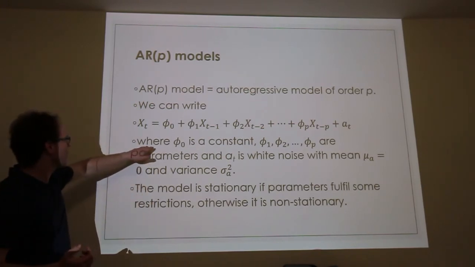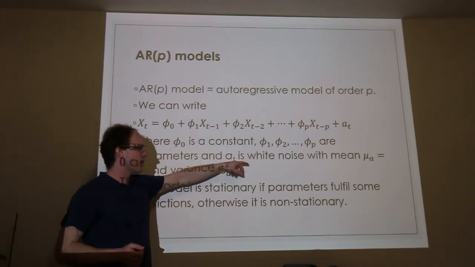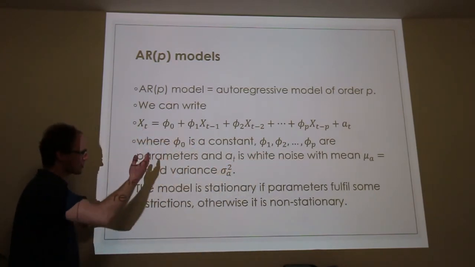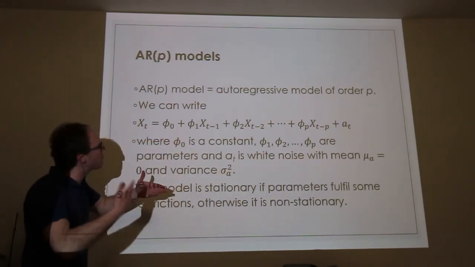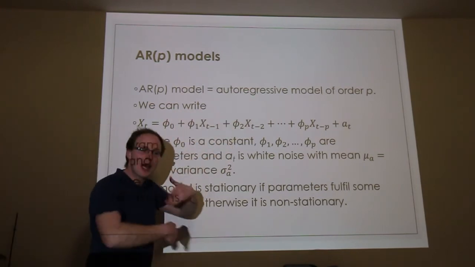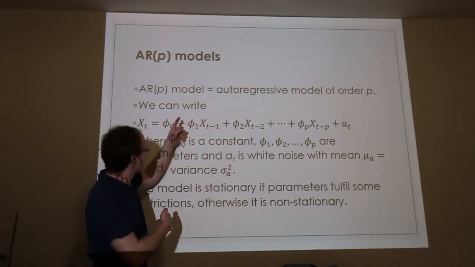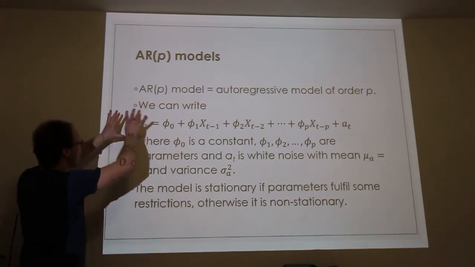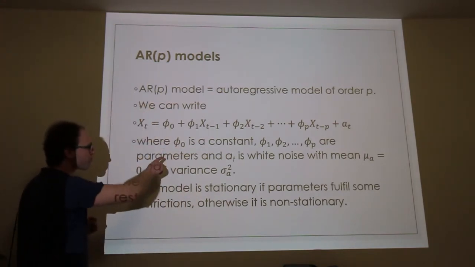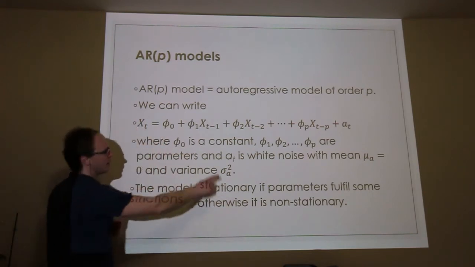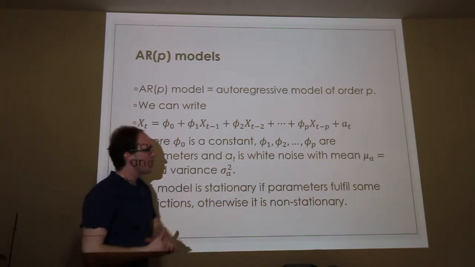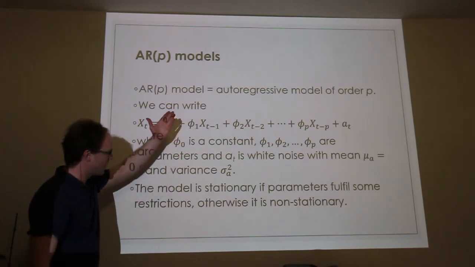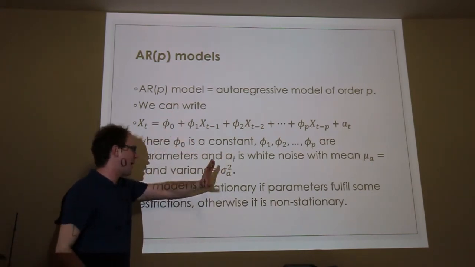Here phi 0 is a constant, and phi 1, phi 2, phi 3 are parameters, measures of dependence of lagged values of your analyzed time series, and a_t is white noise with mean mu a equal to 0 and variance sigma squared a.